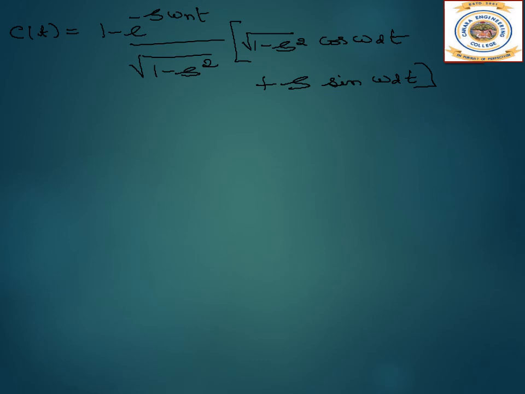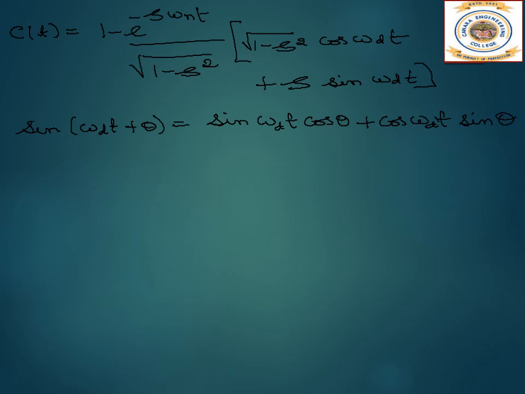Now we know that we have to apply the trigonometric formulas that we have learned. Sine of omega d t plus theta is equal to sine omega d t cos theta plus cos omega d t sine theta.